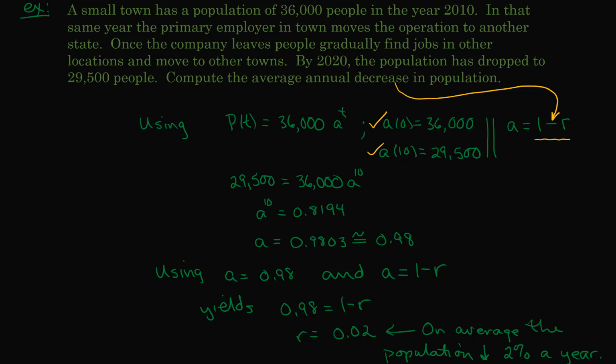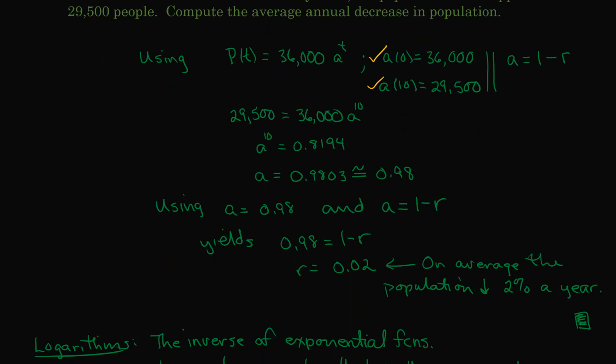So we're going to have that the A value is equal to 1 minus whatever the rate of decay is. We can take this and we can rewrite this equation. Notice here I'm using the 36,000 from the initial population. 10 years later, I know the population is going to be 29,500, and 10 years later means the value of t is 10.